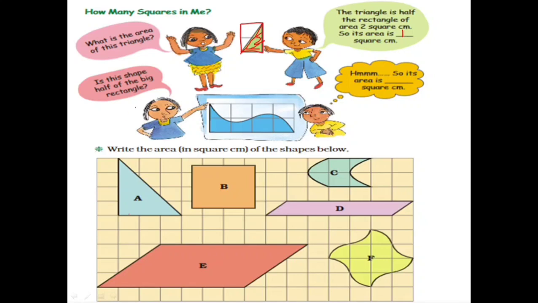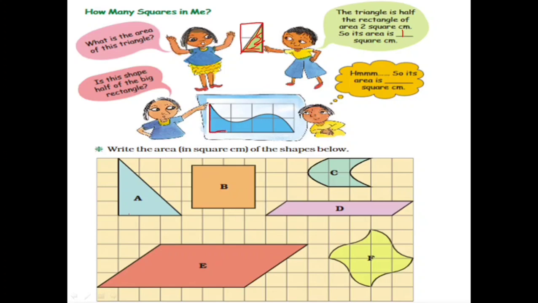This child is asking, is this shape half of the big rectangle? That means, is the area of this blue shape half the area of the rectangle within which it is drawn? So beta, let's find the area of this rectangle.